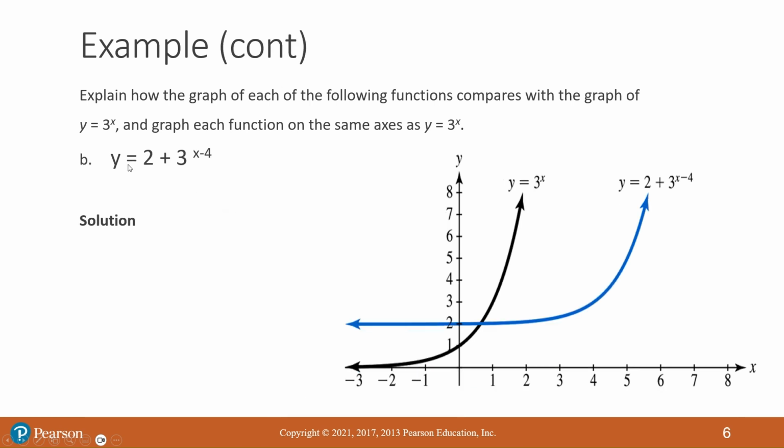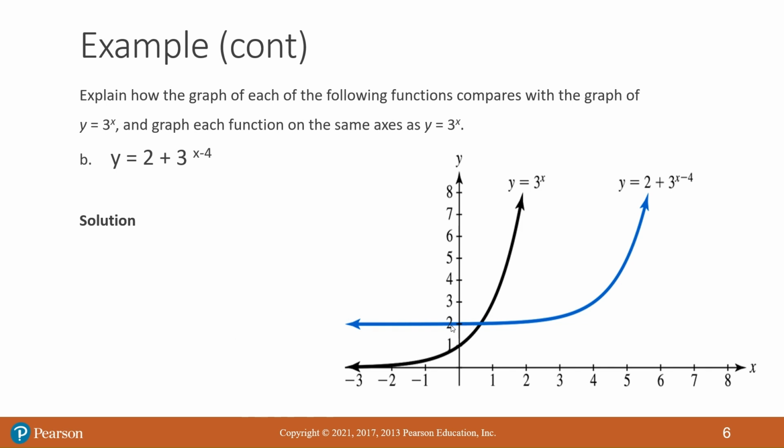Now, if we look at y equals 2 plus 3 raised to the x minus 4, we have our initial graph here in black, y equals 3 raised to the x, and then our shifted graph here in the blue line is y equals 2 plus 3 raised to the x minus 4. Now, we have to determine how we shifted from the black line to the blue line.